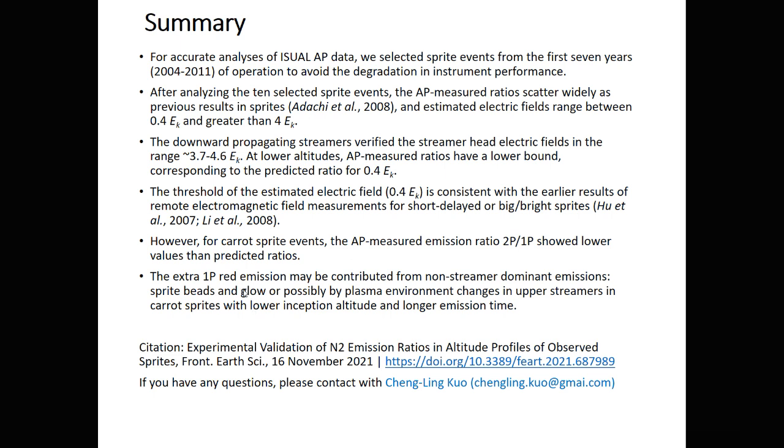Because extra emission may be contributed from the non-streamer emissions, for example the sprite beads and the sprite growth from the kilo sprites. Also the plasma environment changing may change the derived value of the electric field from the sprite emissions.